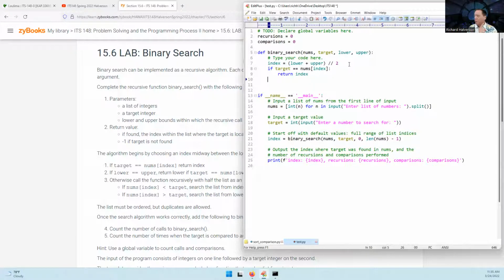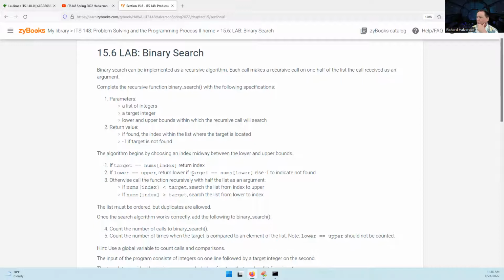If upper equals lower, return lower. If upper equals lower, return lower.